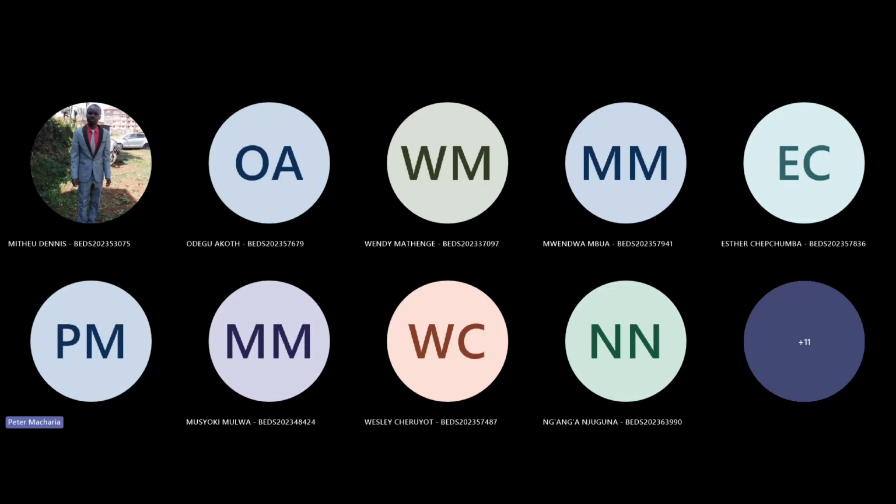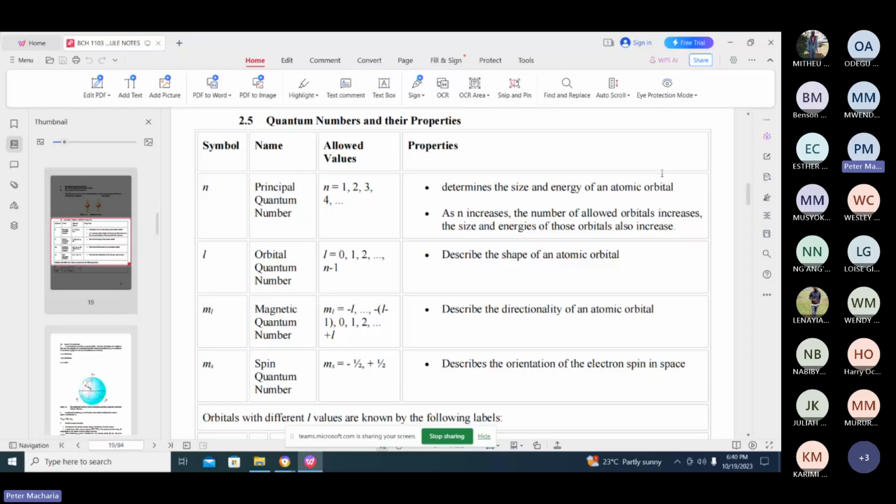One, from the Bohr model, we only had the principal quantum number n.